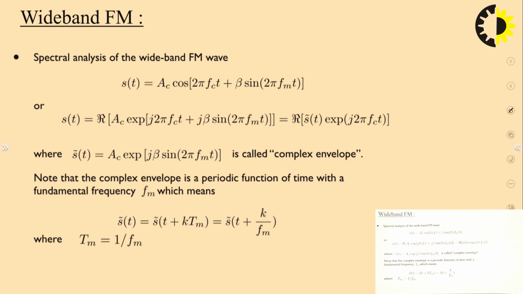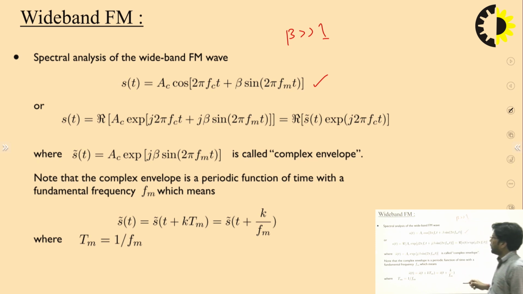So we will discuss the wideband FM, that is, wideband frequency modulation. It has a very wide bandwidth. How it comes, we will learn here. So this is the general equation of the frequency modulated signal. For the wideband FM, this value beta should be much greater than 1.